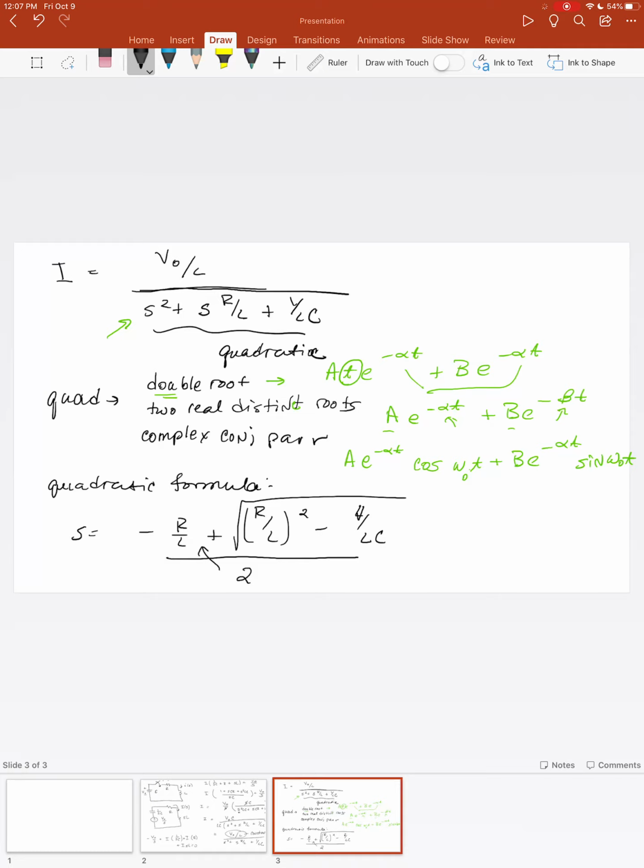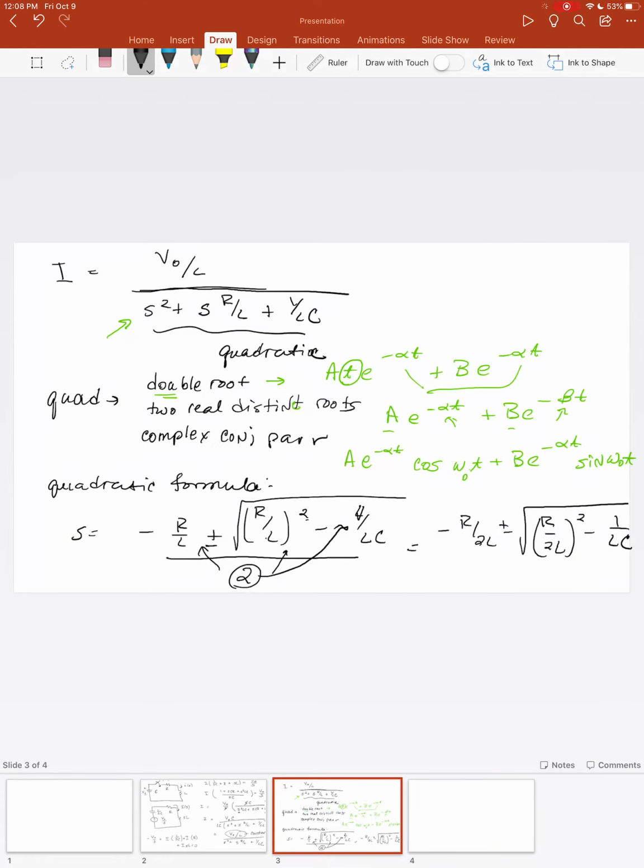Now I'm going to take the 2 up to the numerator, and under the square root sign it becomes 4, and then inside these brackets it'll become 2 again. So algebraically it's minus R over 2L plus or minus the square root of (R over 2L) squared minus 1 over LC. Taking this 2 in, cancel that 4.